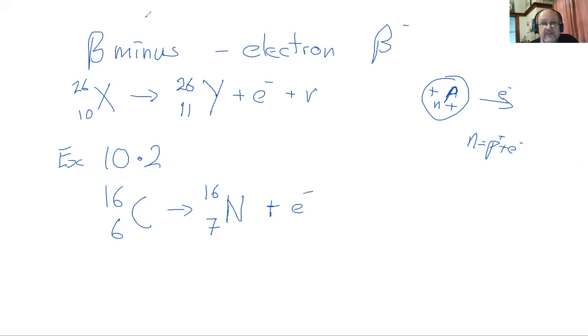Okay, so there's another type of beta decay that we can get. This is much, much rarer, but we actually still commonly use this in industry, this beta plus decay. And what actually happens here, remember what we said, beta minus equals an electron.